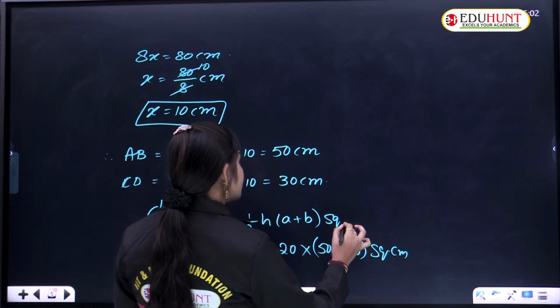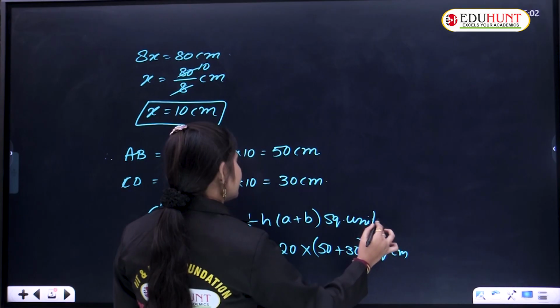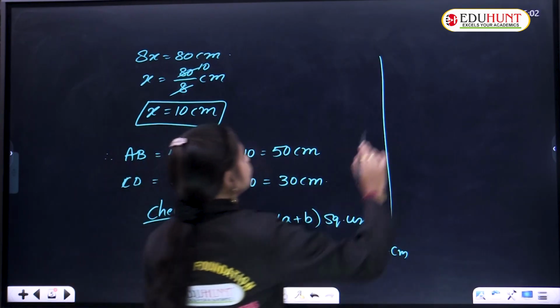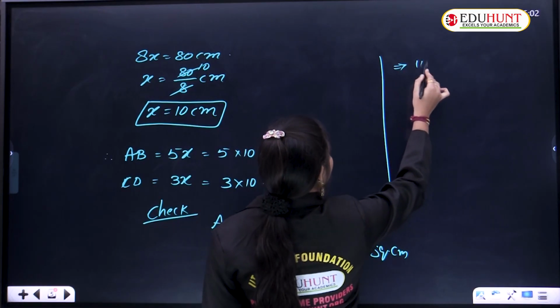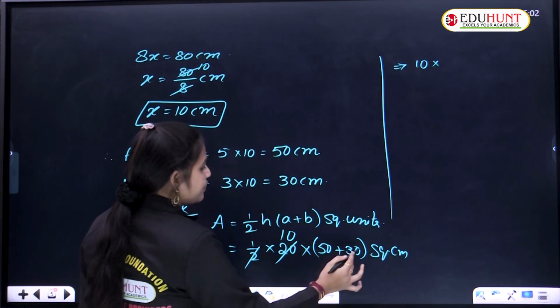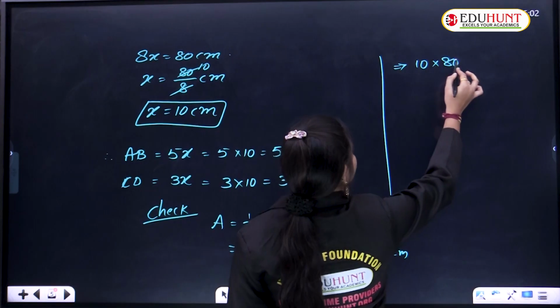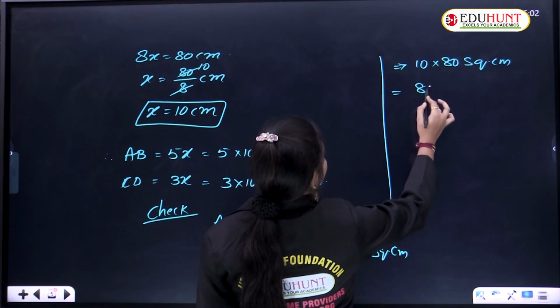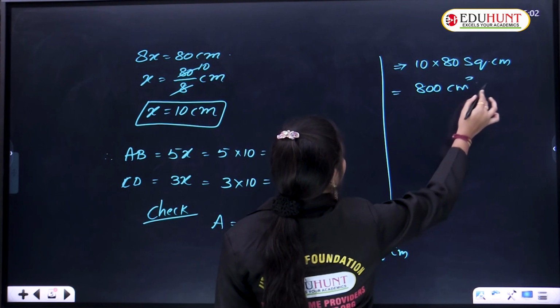Now see the cancellation, 2 tens, which is equal to 10 into 50 plus 30, 80, which is 800 square centimeters.